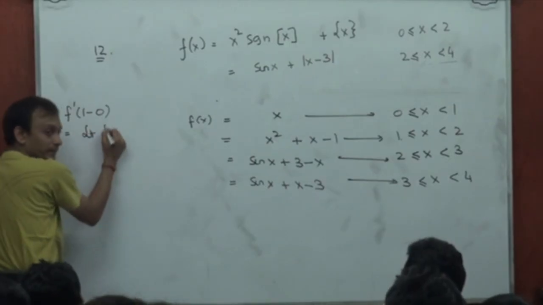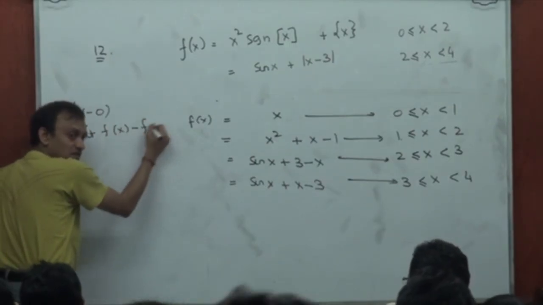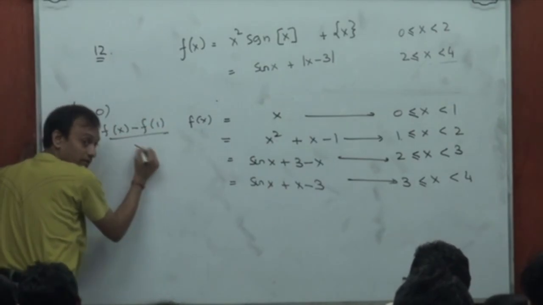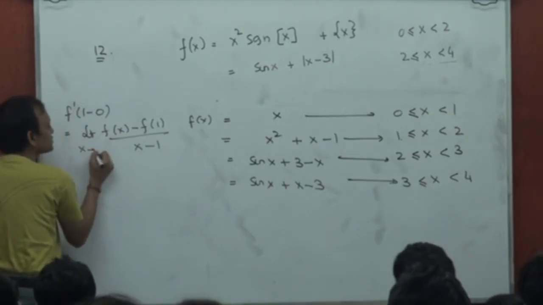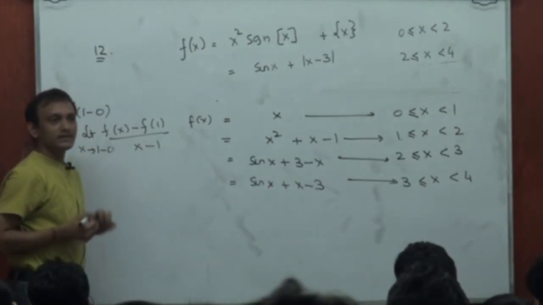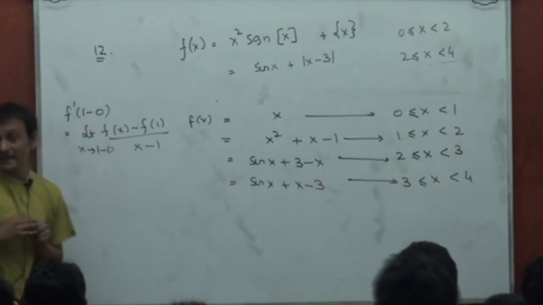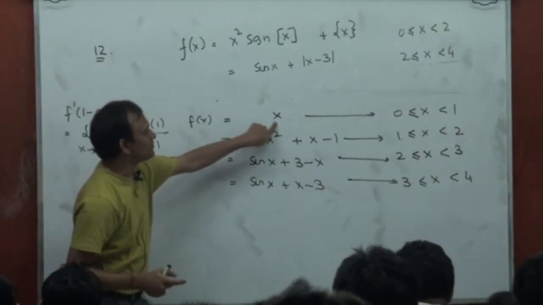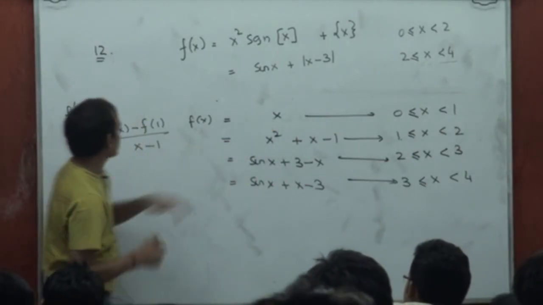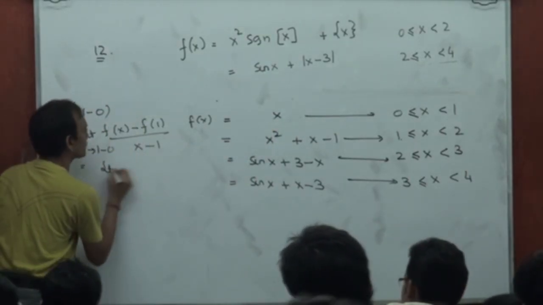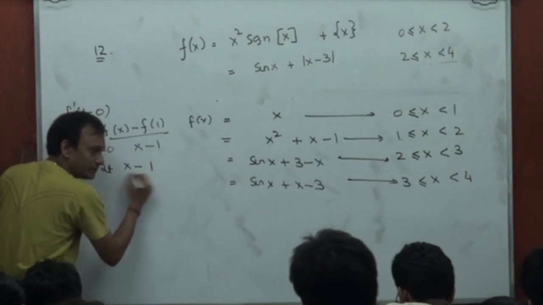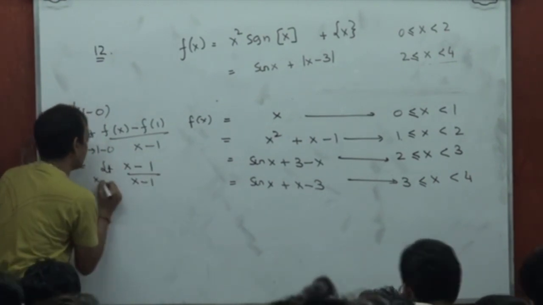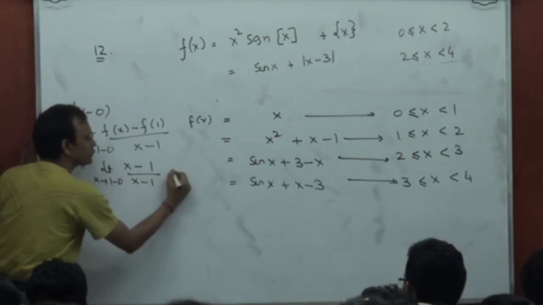Limit f x minus f 1 divided by x minus 1, as x tends to 1 from the less than 1 side. That's the left hand derivative at x equal to 1. But when x is slightly less than 1, the description of f x is x, and f 1 is 1, divided by x minus 1, as x tends to 1 from the less than 1 side.